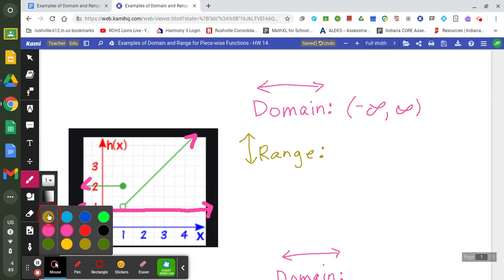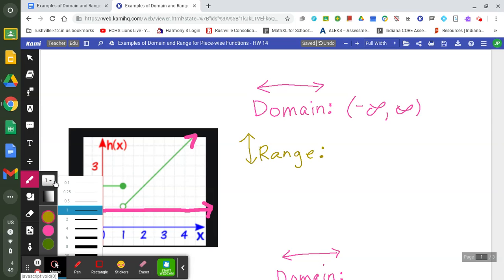Then when we're looking at our range, which are the y values, I find all the numbers going up and down that are covered by the green lines. Well, 0 isn't. And so I have to start right here.